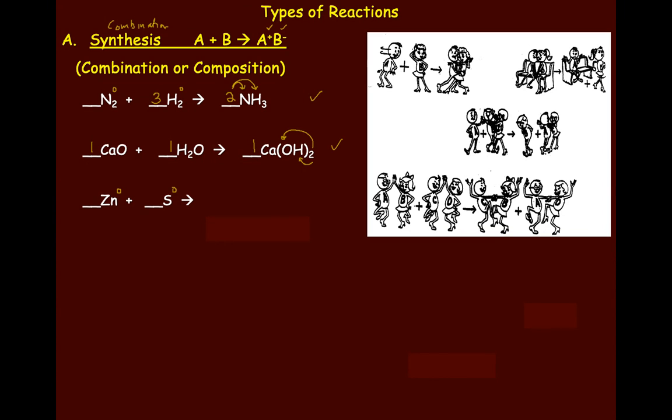Of course, when they bond, they go into their electron transfer. Because this is a metal and this is a non-metal, we're going to form an ionic bond here. And zinc, when it bonds, becomes its ionic charge. If you look that up in the periodic table, you will see zinc 2 plus. If you look sulfur up in the table, you will see the charge for sulfur is 2 minus.